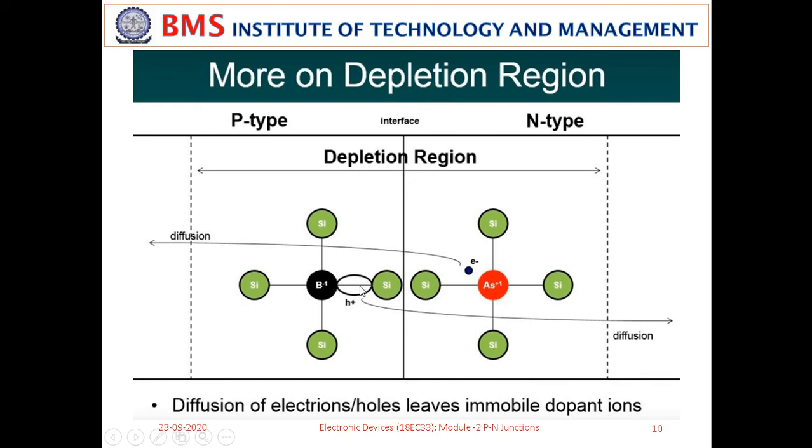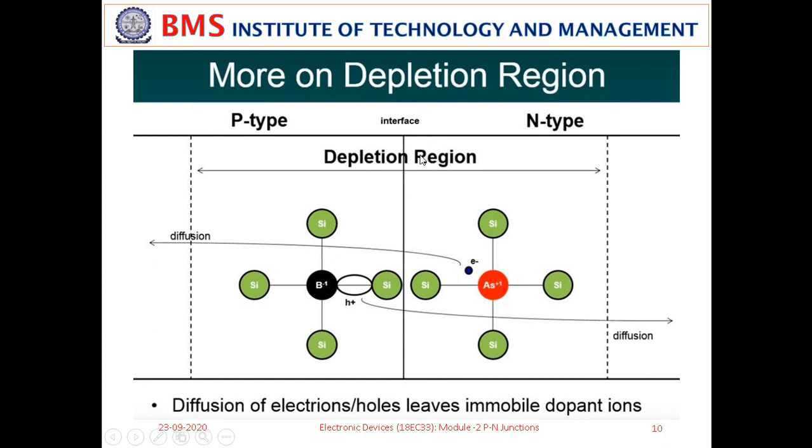Like this, if all electrons from the n side keep moving to the p side, on the n side you will see depleted, immobile positive ions. On the p side you will see depleted, immobile negative ions.